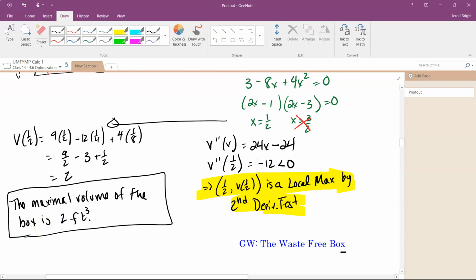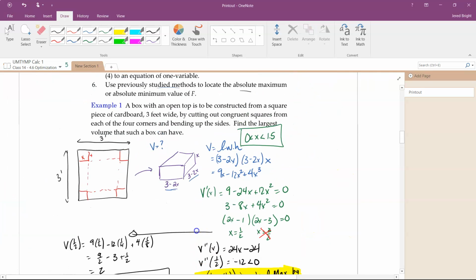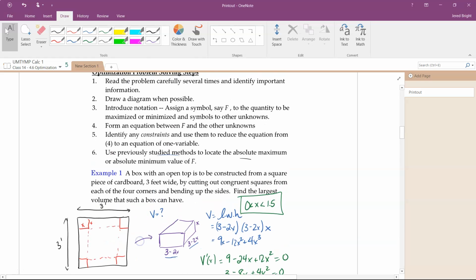Now, to recap, what did I do? I started off with a diagram, that's on number 2. I introduced notation, V, and then I formed an equation, that's this part in blue. I identified constraints by recognizing that each of the sides, once I cut out x from each side, is going to leave 3 minus 2x for the width of this base. That was my constraint.